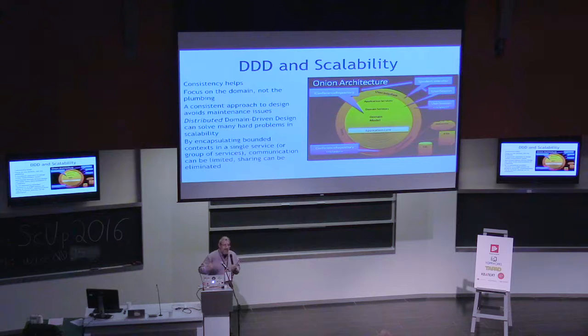However, if you pick a set of principles for your design, it will allow you to scale from the development point of view much more readily because all of your services will have a familiar pattern. And it will be much easier for you to make sure that you're actually adhering to some of the principles, which are by and large about avoiding things as opposed to doing things. But it will make it easier for you to do that if you're following a certain set of design principles. And DDD is one of the good ones.